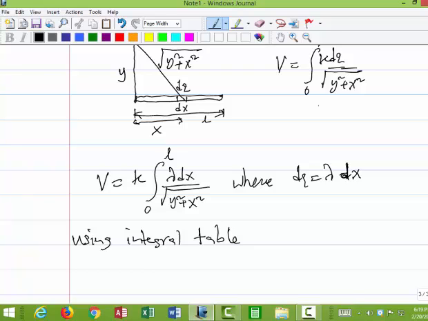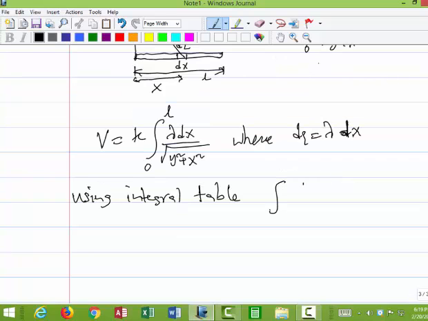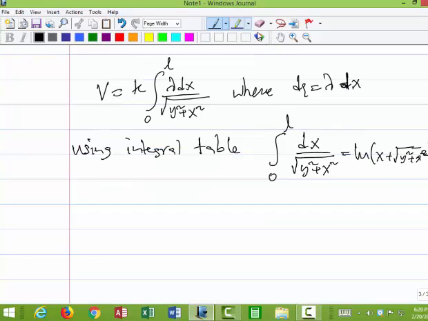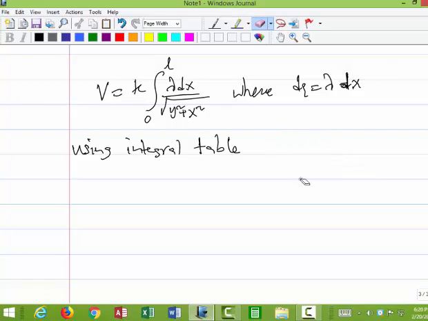Using an integral table, the integral of dx over the square root of Y squared plus X squared is equal to, in this case, the natural log of X plus the square root of Y squared plus X squared, from 0 to L. Let me rewrite this here, sorry, I ran out of space.